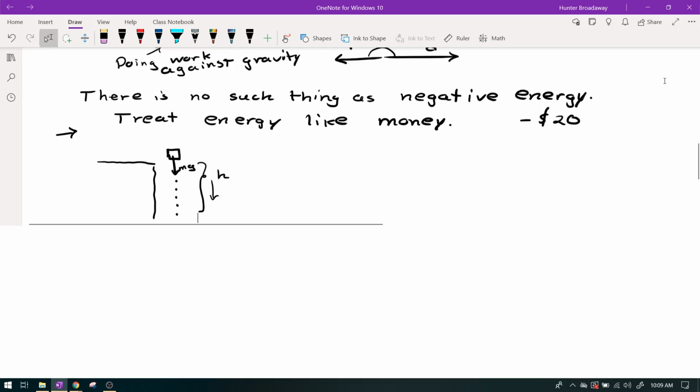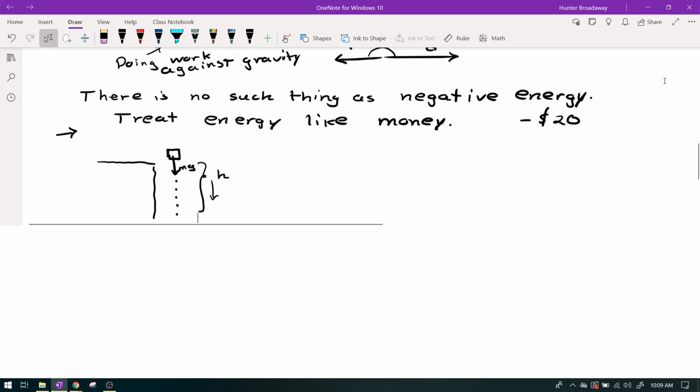The mg is the force and the h is the distance. That's our force times distance. In this case, if you're just dropping something, theta is 0, so the cosine of 0 is 1.